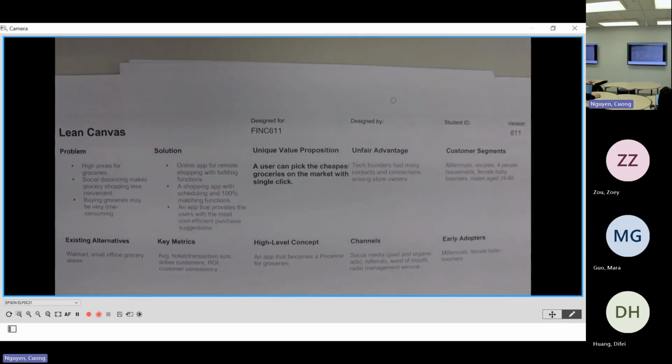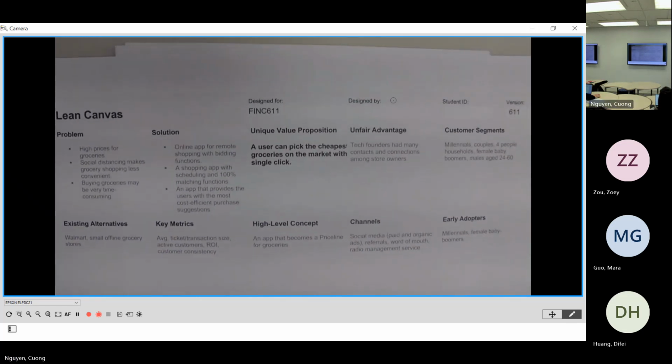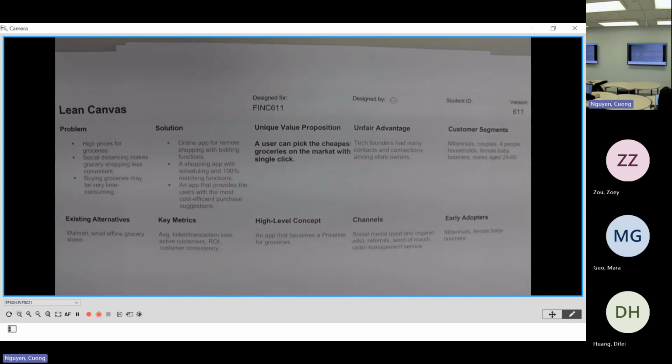Can you see that? Okay, is it clear? So this one is an example for our canvas, an example using our formula, FINC611.